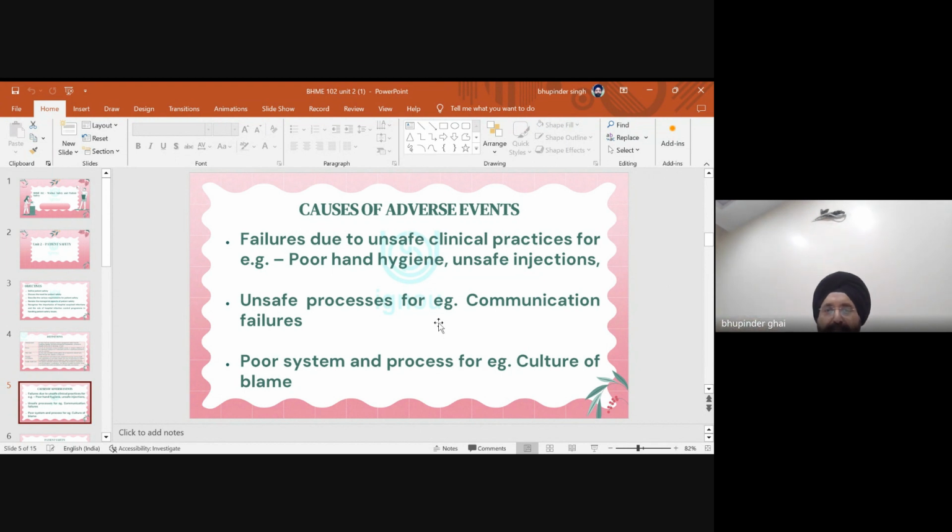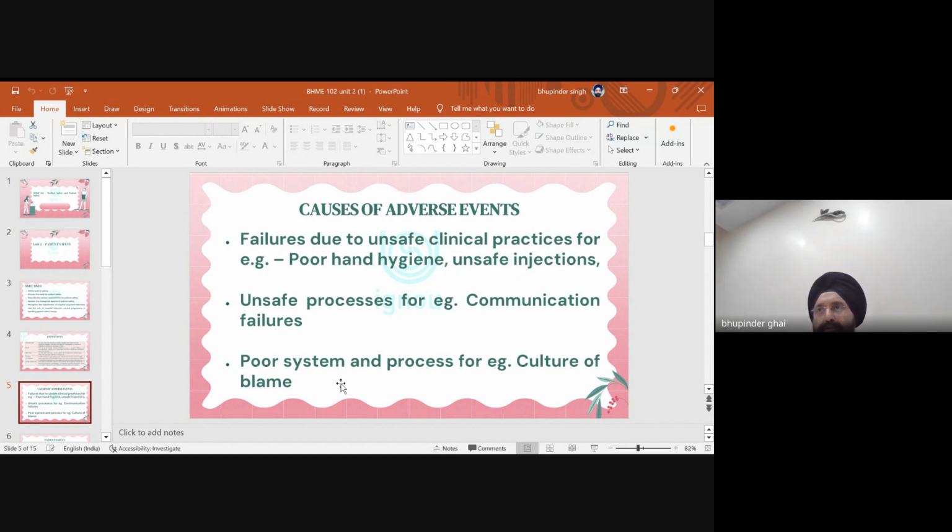Next is poor system and process, and the culture of blame. If there is any error or mistake in any organization, it is very common to blame another person.